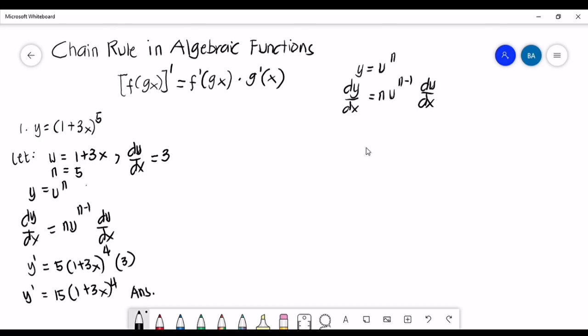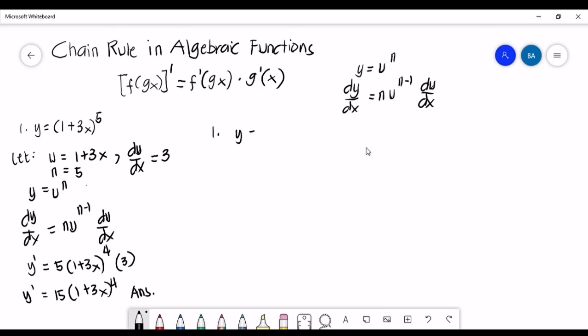So this method is what I used in the substitution method. But if you are going to apply the actual chain rule, let's try the same example using the chain rule.